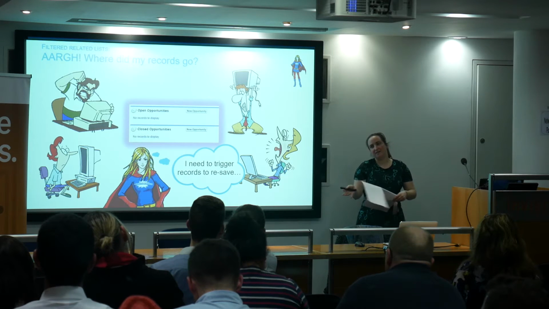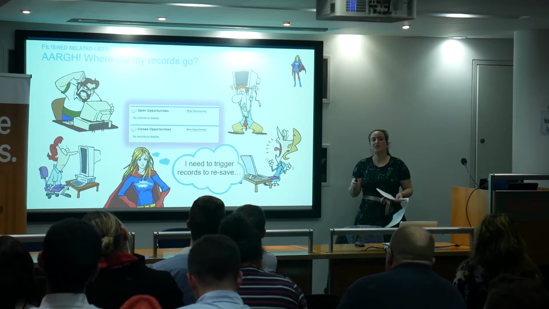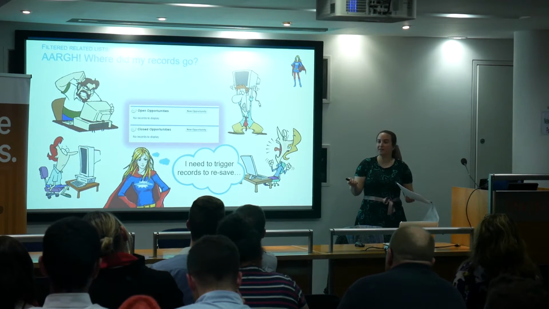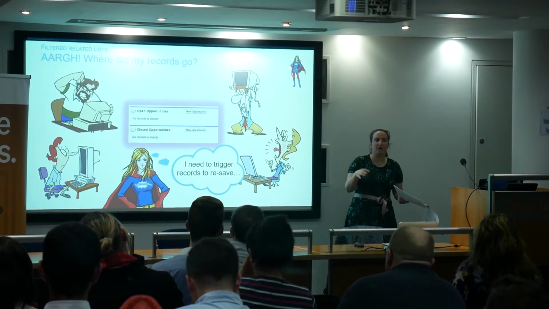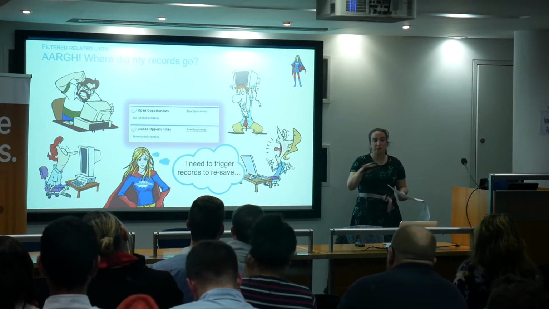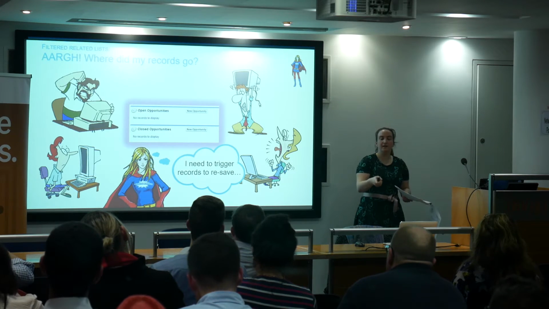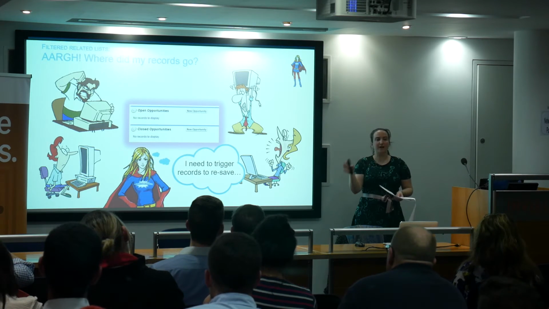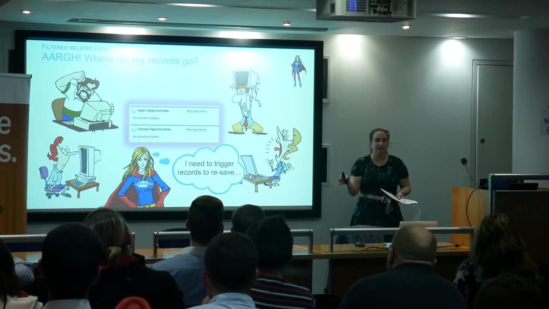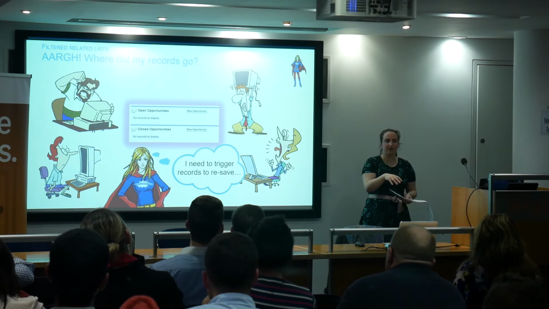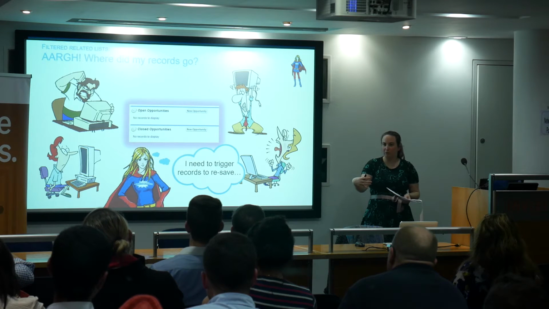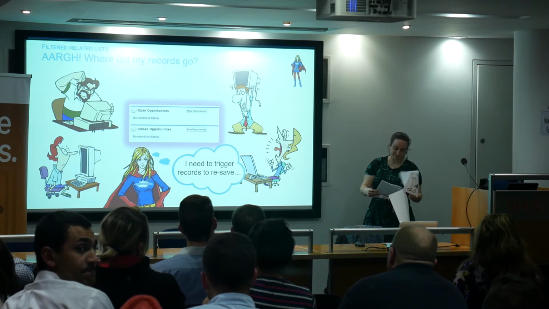I then went back to Dataloader and I updated all of those same records using the CSV file that I had pulled out. So I made no changes to it. I just said this time I want to update the records. And what that does is it forces every record in Salesforce to save, and then I trigger the Process Builder to populate my new lookup fields.